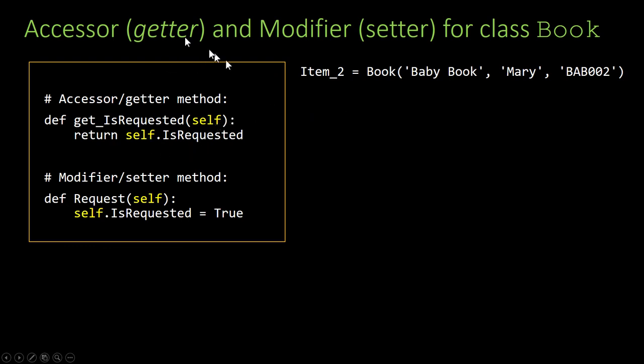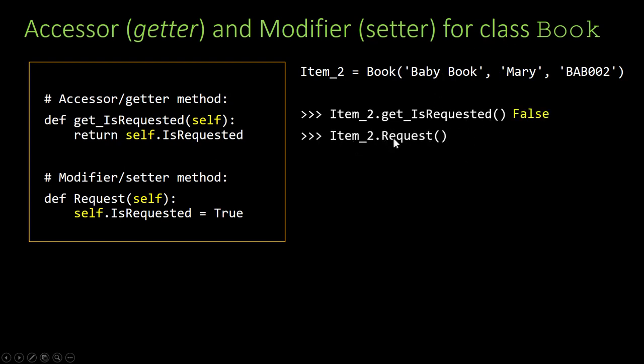Now you have the accessor and the modifier for the subclass Book. The accessor is getIsRequested. Initially it is set as False, and then when a user requests a particular book, isRequested can be set to True. So the request is actually a modifier. When you call this request method, there is no output.